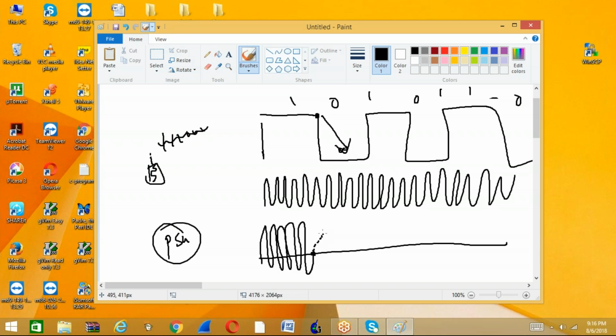Instead of going this way, it goes that way. For a run of 0s it remains the same, and when it goes from 0 back to 1, it changes its phase again.